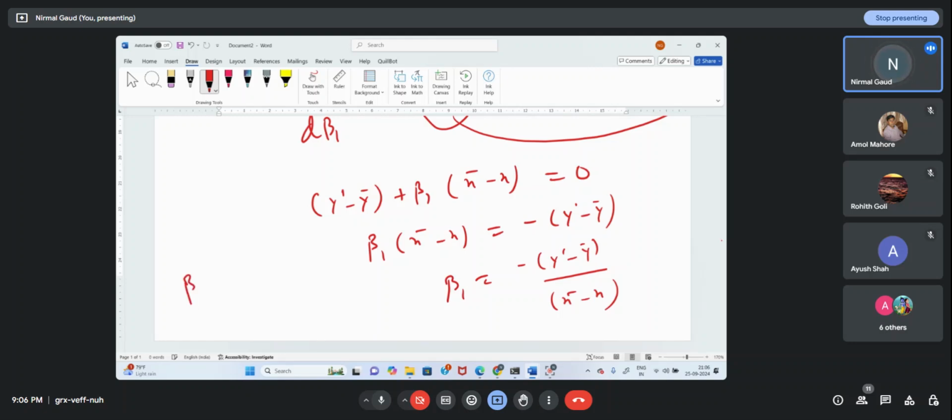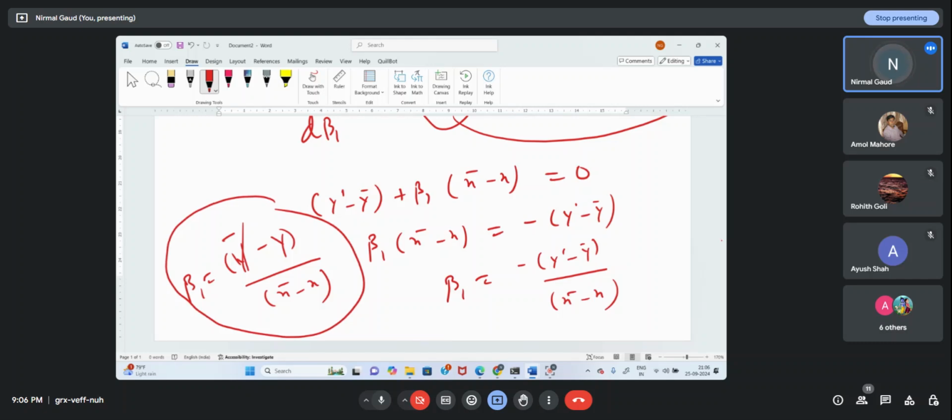So it will be beta 1 is equal to y bar minus y dash. You can just write it as y, no need to give the notation every time. So y bar minus y and x bar minus x, this is what I can write. And I guess slope is this thing only.